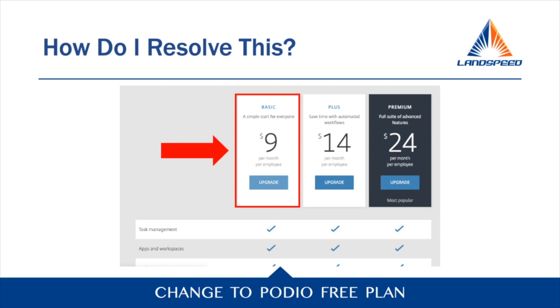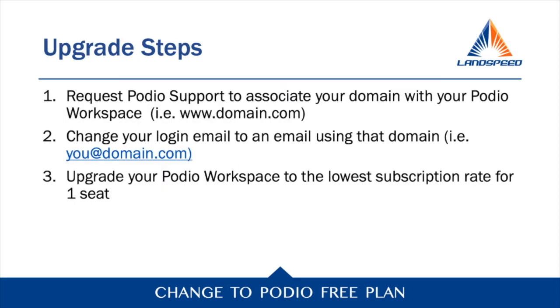And anybody who has an email address with that domain in it is considered an employee, and everybody else is considered an external user. So if we're clever in the way we set this up, you will be the only employee and you'll only have to pay for one employee, and everybody else in your workspace will be considered an external user and you won't have to pay for them. So let's see how we do that.